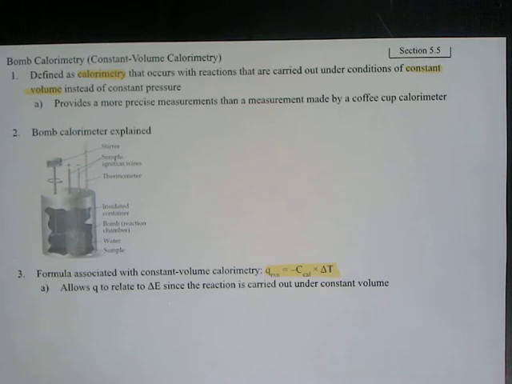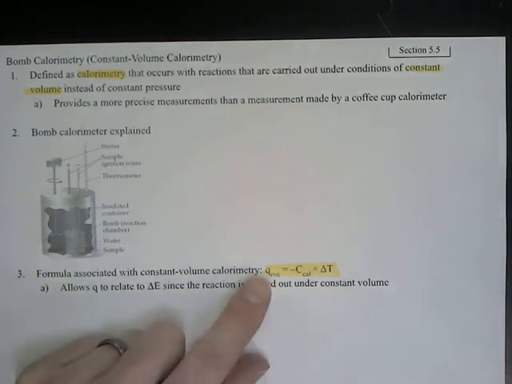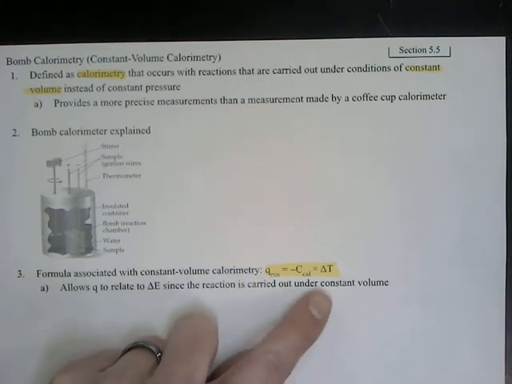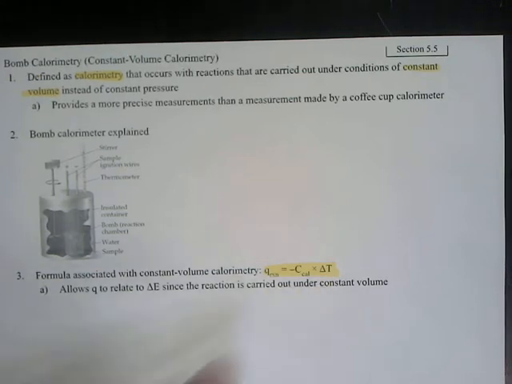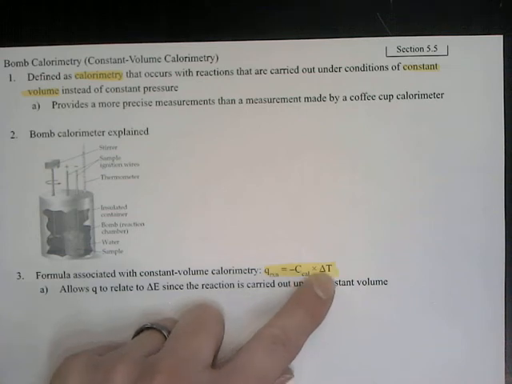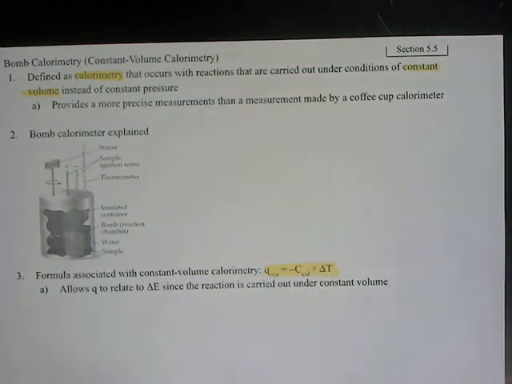And so what we need to do is think about our equation. Our equation is a little bit different here, and that is because we are under constant volume. Because we're under constant volume, we're only going to get negative C_cal times our delta T. There is no mass involved in this particular equation, again, because we have constant volume.